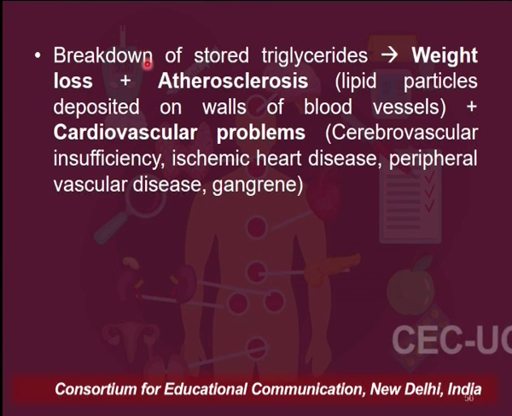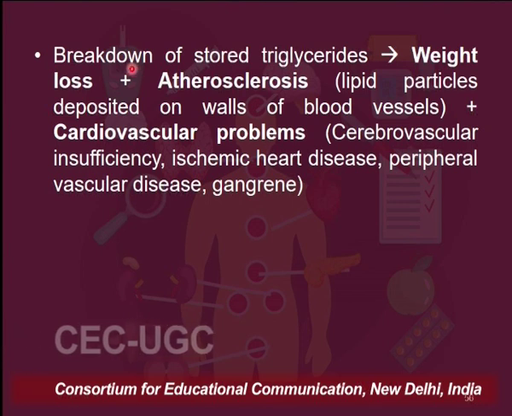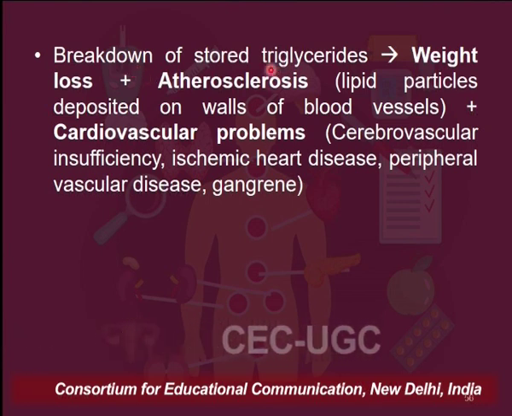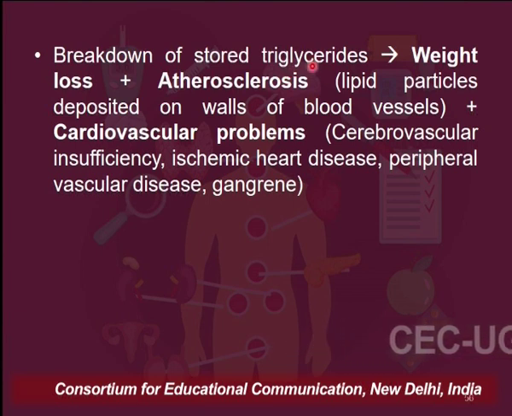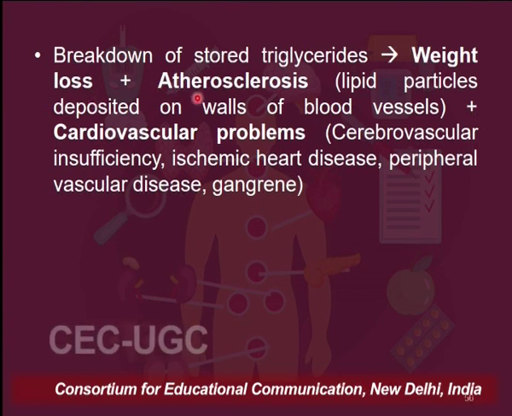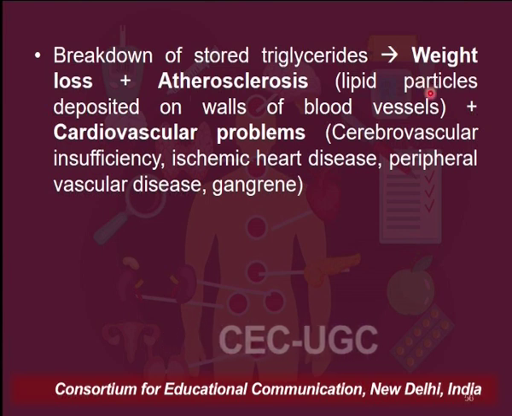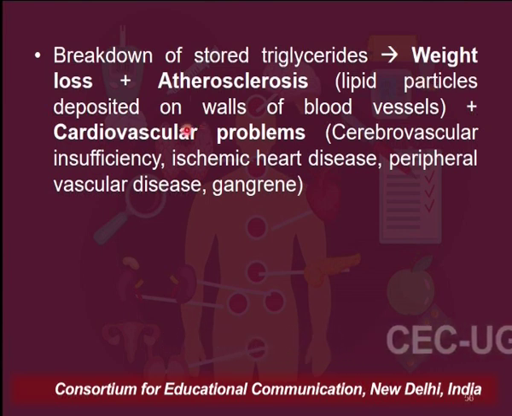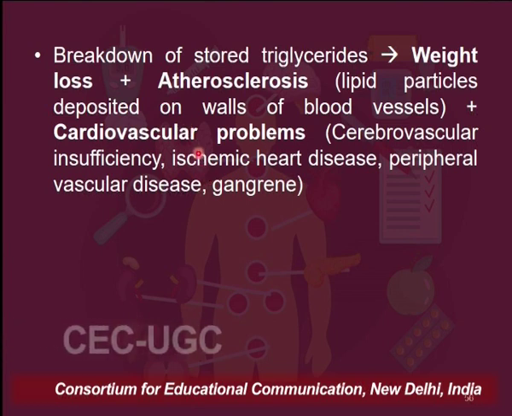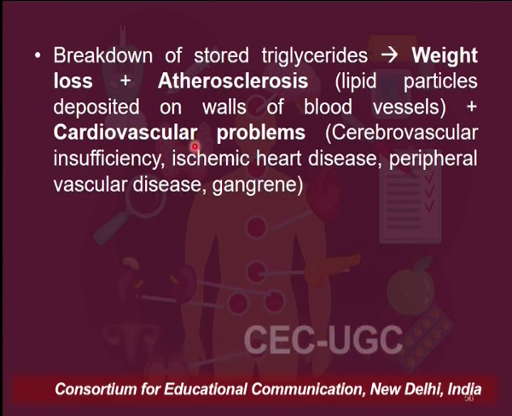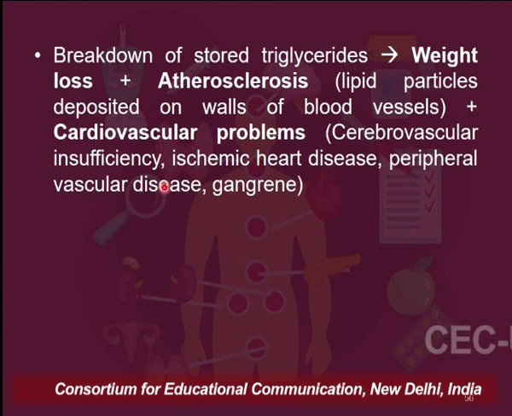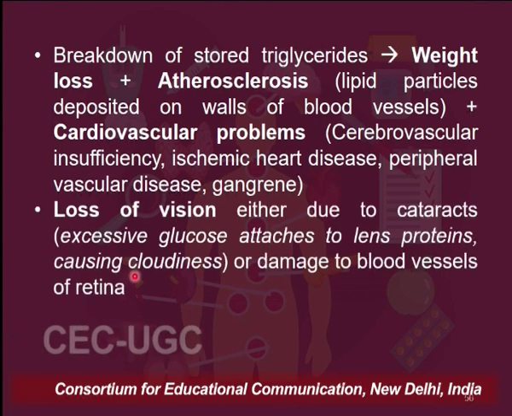In other cases, what will happen in such patients? You will see that there will be breakdown of stored triglycerides, because of which you will see a lot of weight loss. Then there is atherosclerosis, which means the lipid particles get deposited on the walls of blood vessels, and there will be a lot of cardiovascular problems in type 1 diabetes, which include cerebrovascular insufficiency, ischemic heart disease, peripheral vascular disease and gangrene.